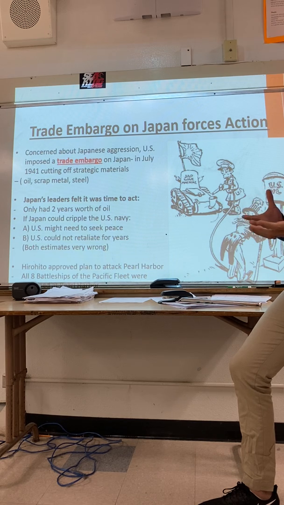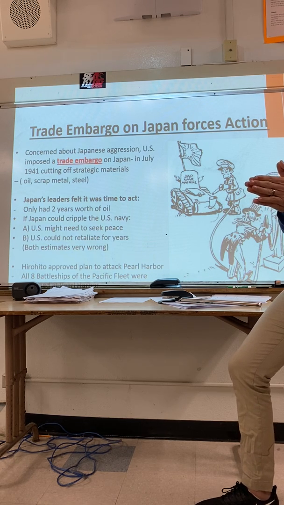The major battleships of the U.S. fleet are all stationed together at Pearl Harbor. If these battleships are sunk by the Japanese, the U.S. would not be able to retaliate, the Japanese estimated, in years. Perhaps it would take them 10 years to build this new Navy back.